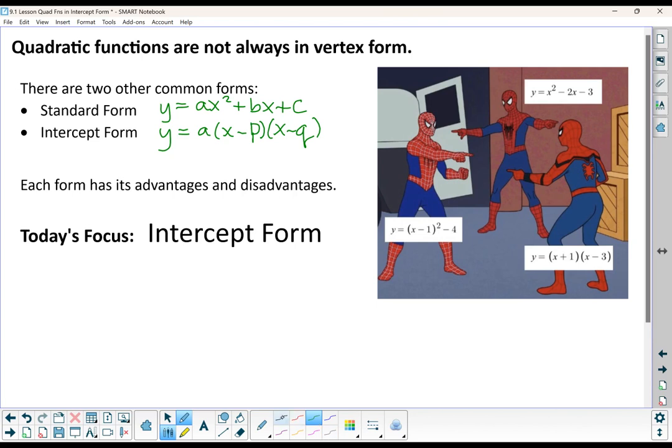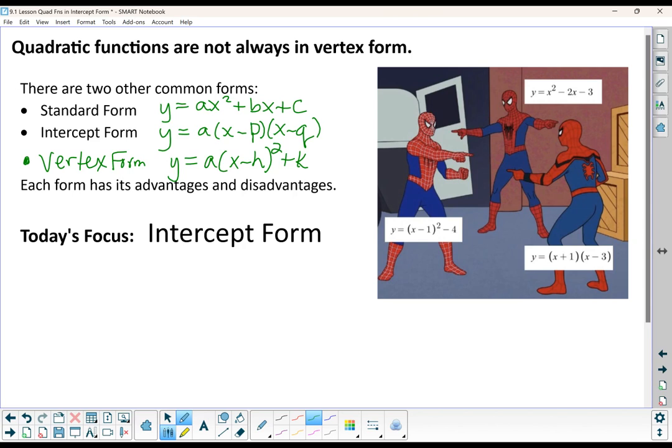And also, just to reinforce, I'll write the other one, which is vertex form. Vertex form is the one we just looked at. It's y equals a times (x minus h) squared plus k. And you'll notice that a is showing up in each of these equations.